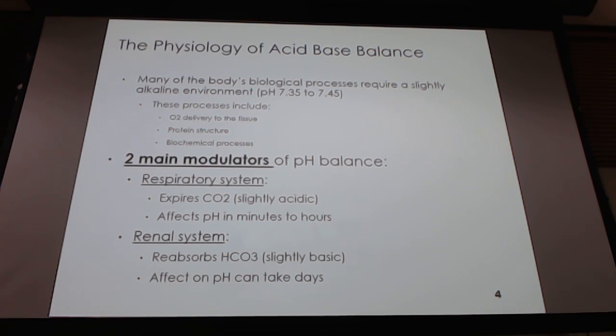The renal system is a little bit slower. It relies on a few more systems, but it acts by reabsorbing HCO3, and HCO3 is basic. We've got these 2 systems in our body. One works pretty quickly, you can see changes within minutes to hours. One works a little bit slower.